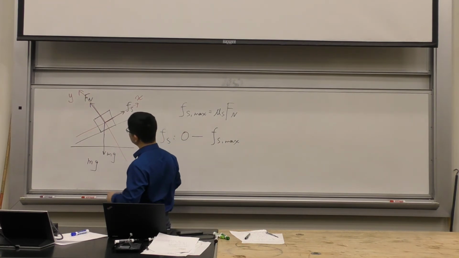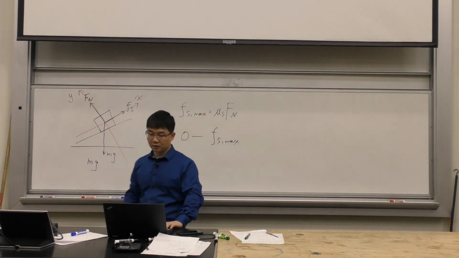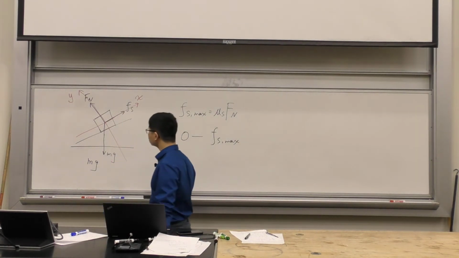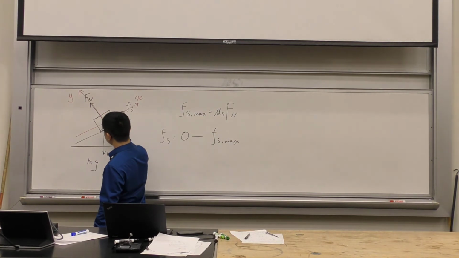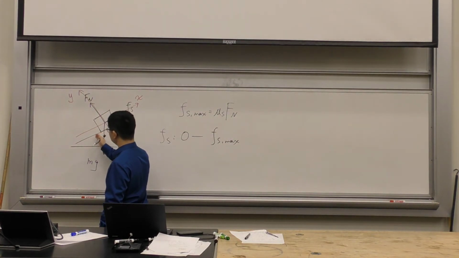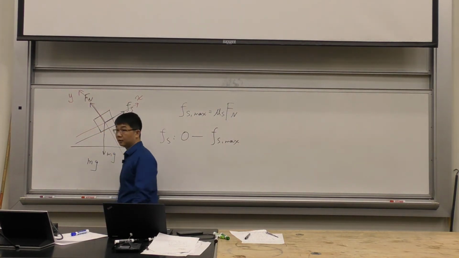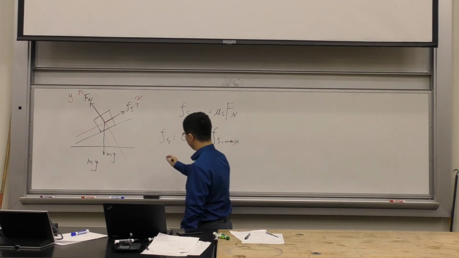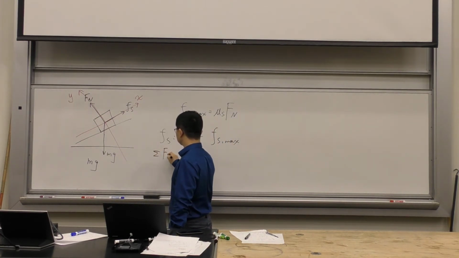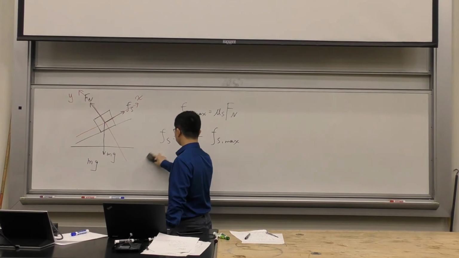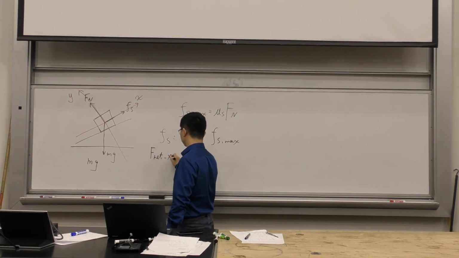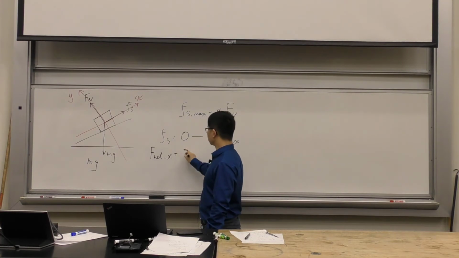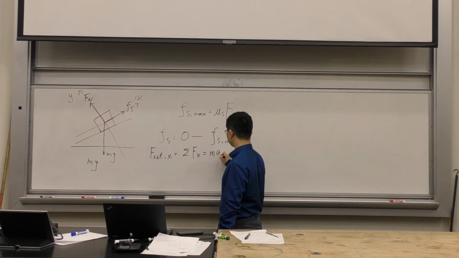Now if I use that in this case, if I have this object staying on this incline, I would have the net force in x direction. If I apply Newton's second law, it's going to be the sum of all the forces in x direction, and that's going to be mass times acceleration in x direction.